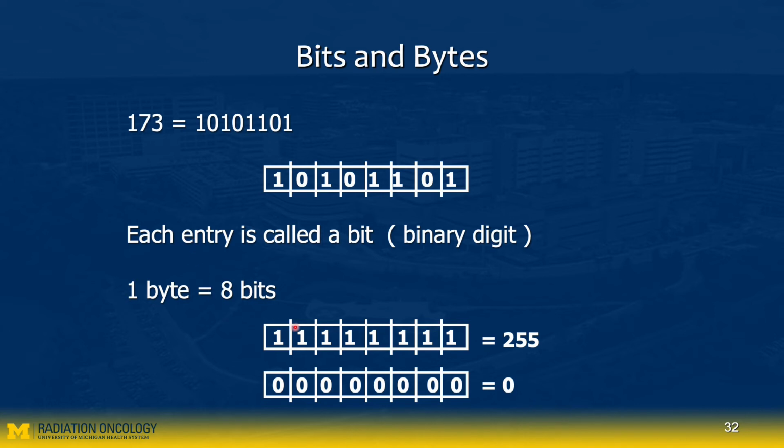With this 8 bits of space, the maximum number you can store is 255. It is basically 1 times 2 to the 7, 2 to the 6, and so forth, down to 2 to the 0. The smallest number you can save is obviously when everything is 0, it is 0. So 8-bit storage can store a maximum of 255.